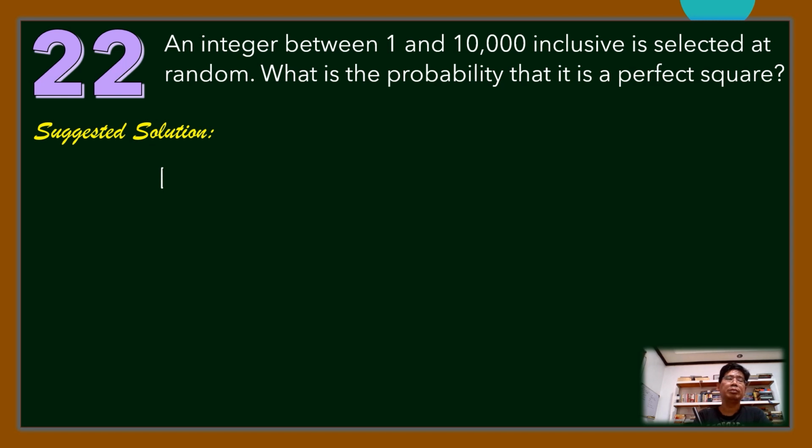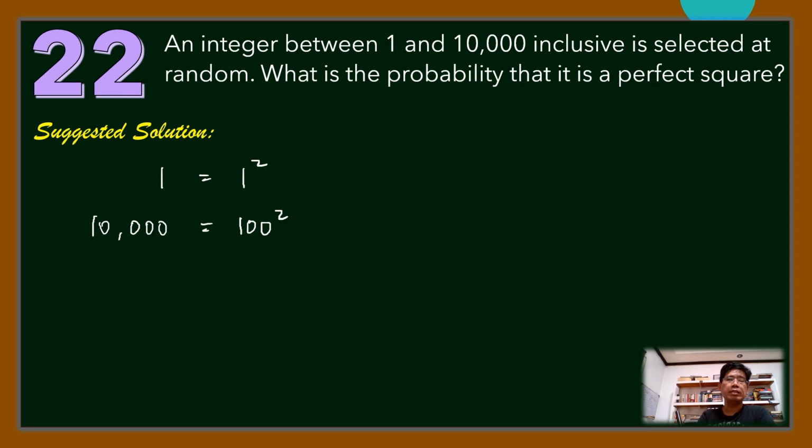And the largest perfect square number is 10,000. That is 100 times 100. Therefore, there are 100 perfect square numbers between 1 and 10,000 inclusive.